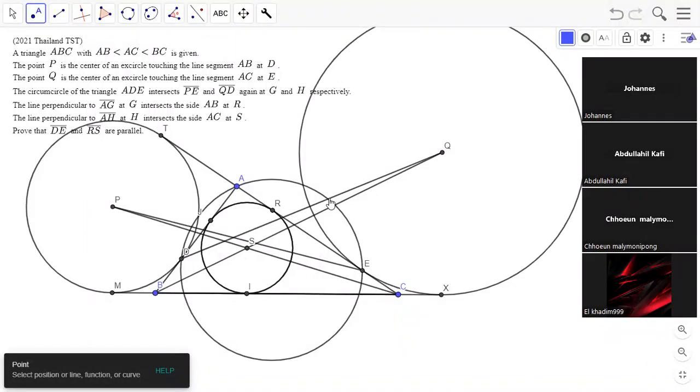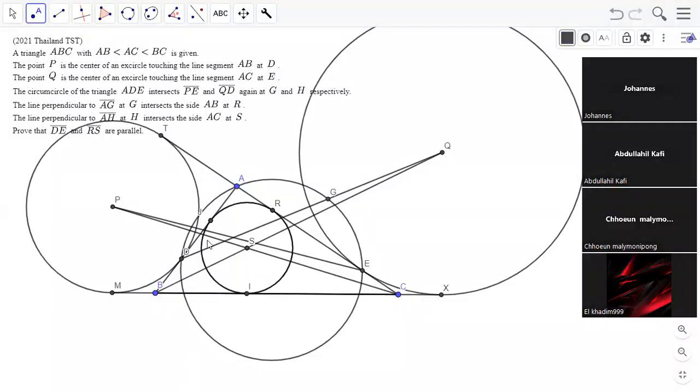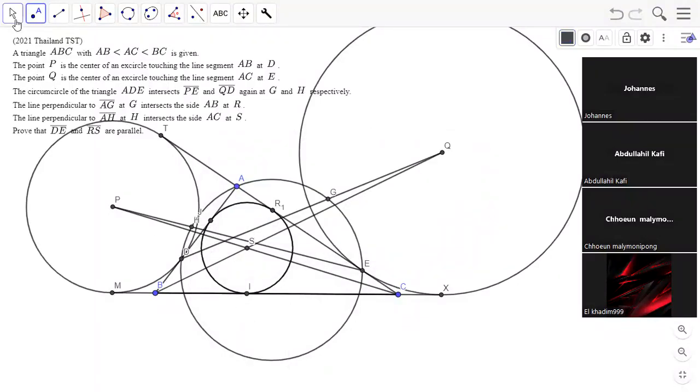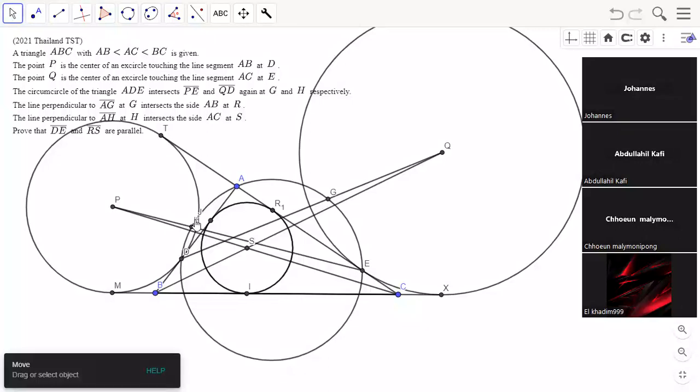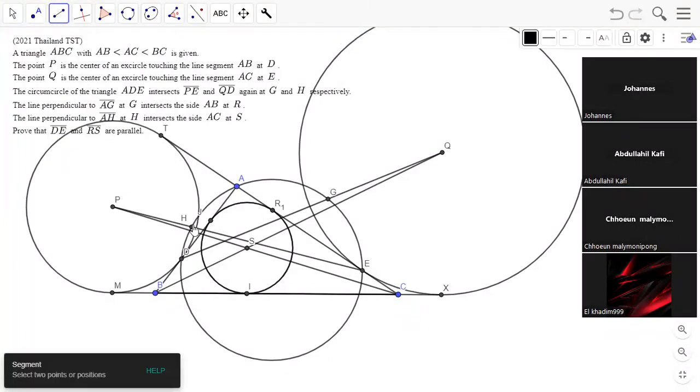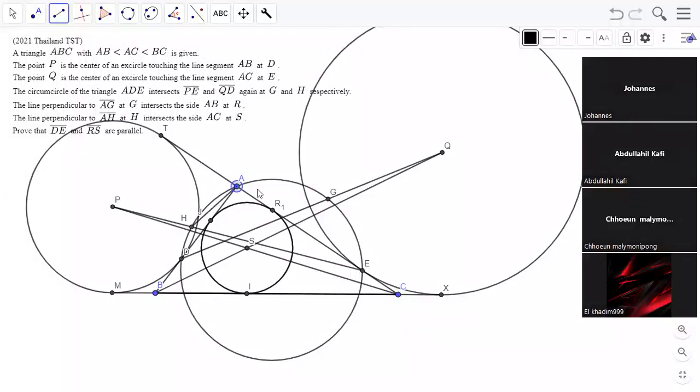So QD at G, and it intersects PE at H. Then we draw the line perpendicular to AG at G, and AH at H, and those should meet on the circle.